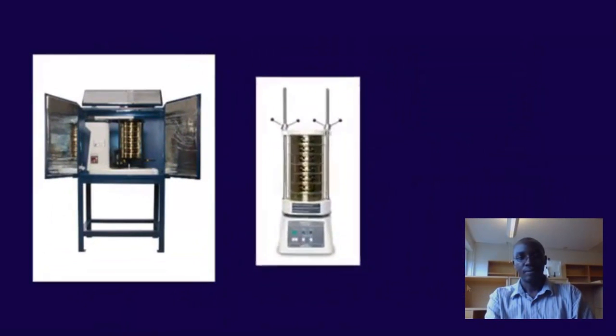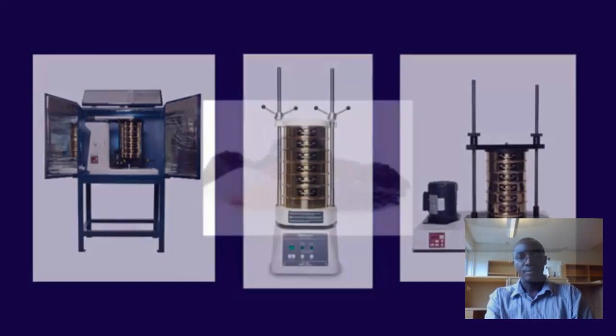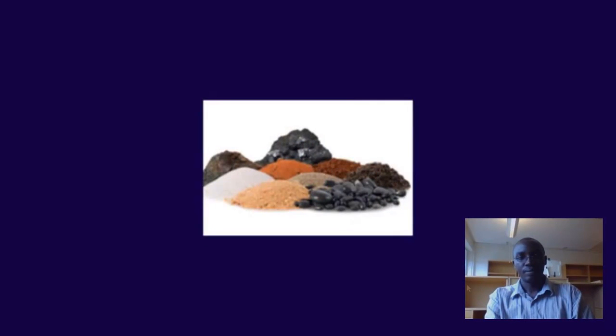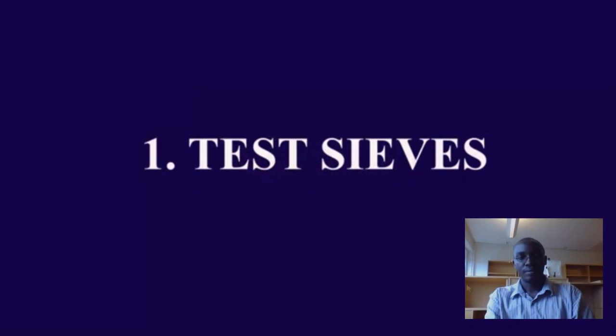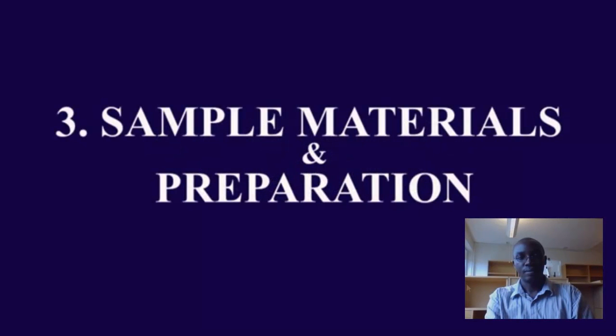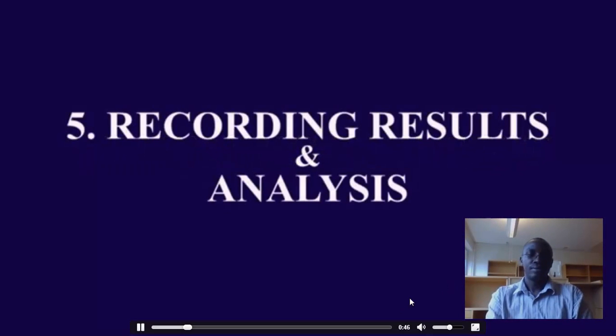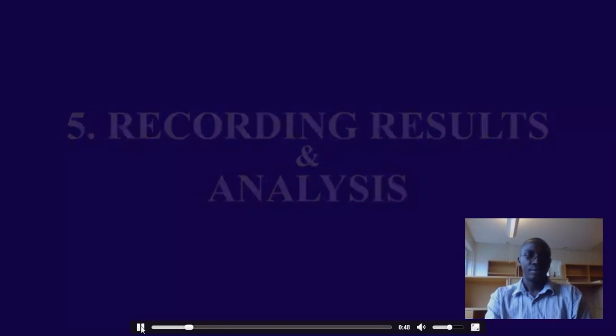The test sieving process is a simple and common practice to measure particle size in dry, relatively free-flowing materials. Particle distribution data is then used to analyze material size. There are 5 basic elements of testing: test sieves, test sieve shakers, sample materials and preparation, running the test, recording results and analysis.